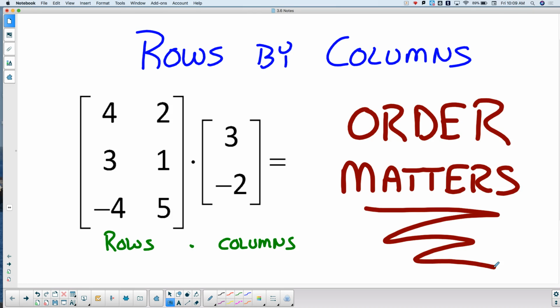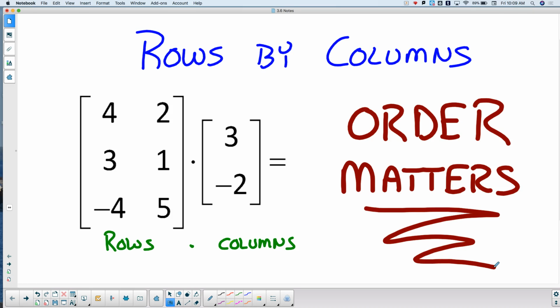Okay? The order matters as to how you're multiplying. In math, 2 times 7 is 14. 7 times 2 is 14. That's not disputed.